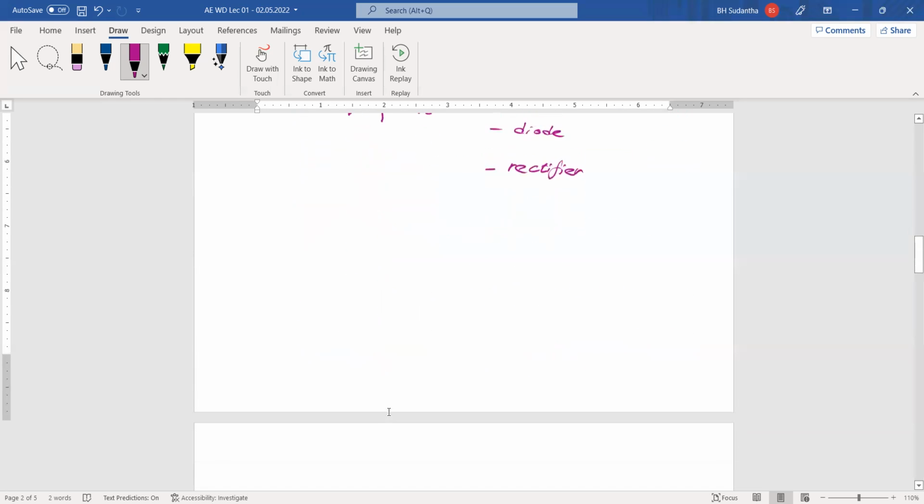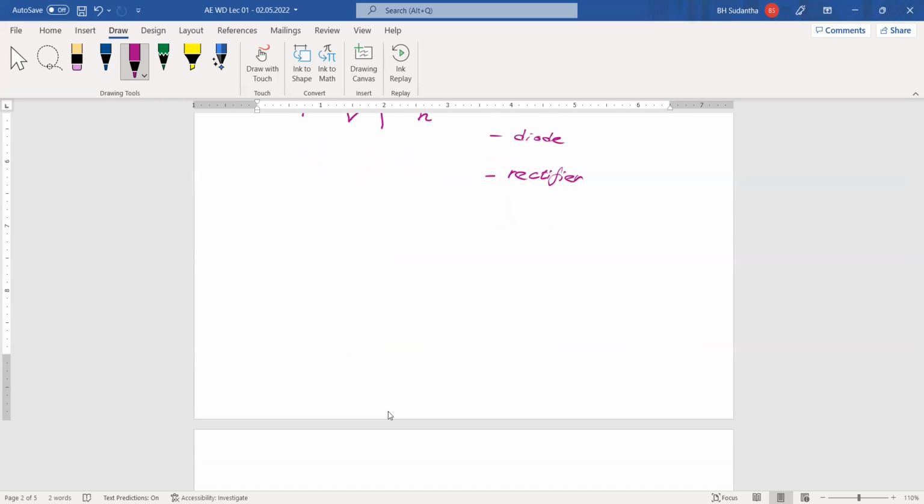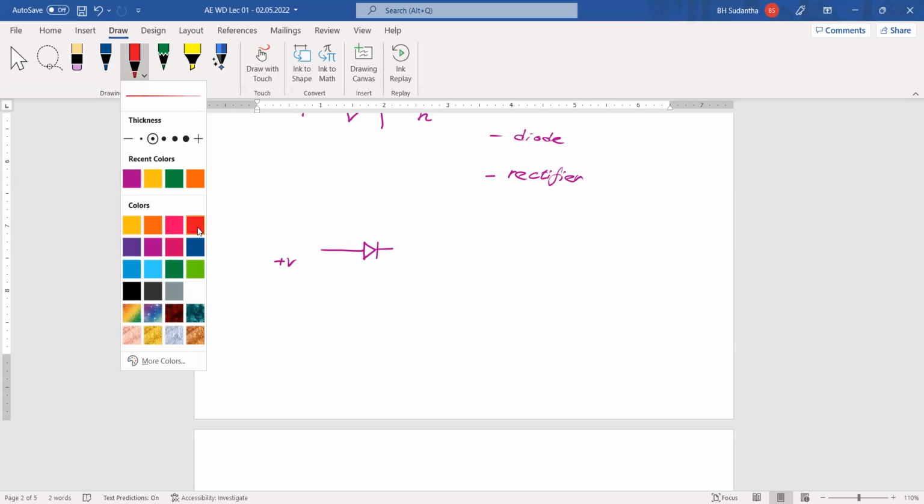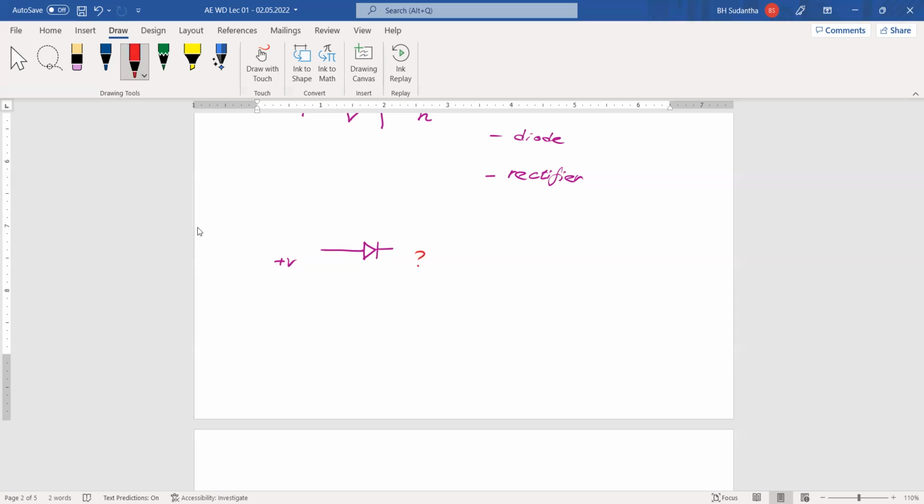Okay, now we have this diode. You can apply voltage to this diode, then we have to find how it is going to behave. And the same way, we can apply certain current here.